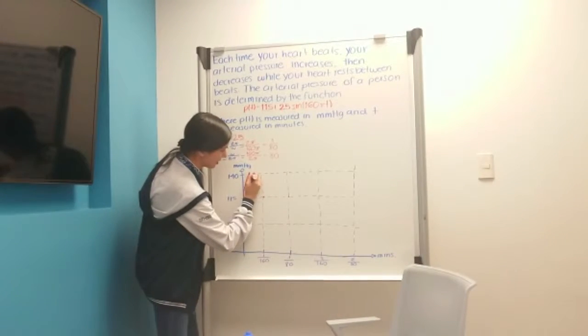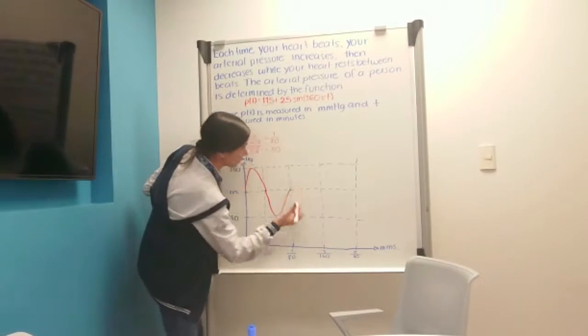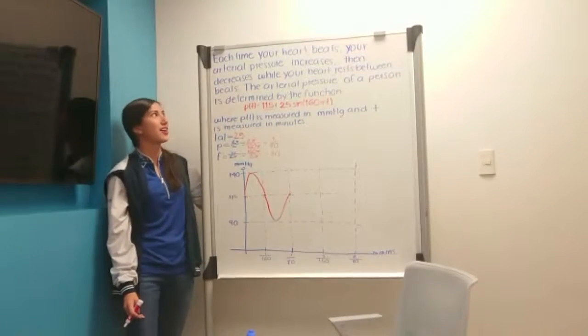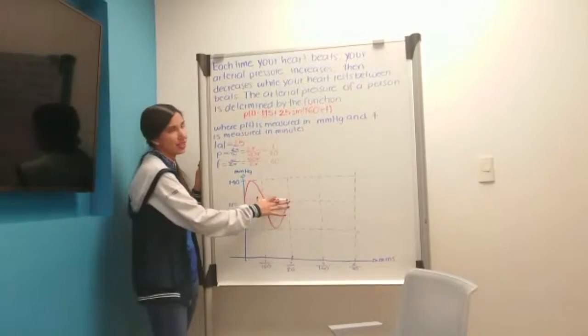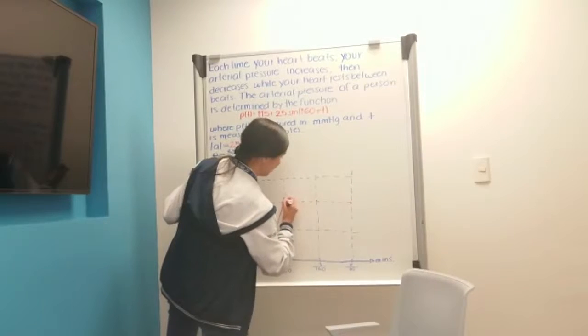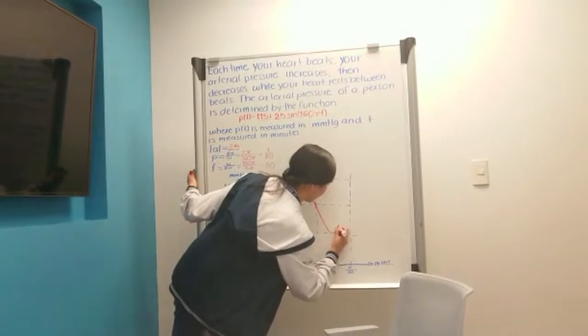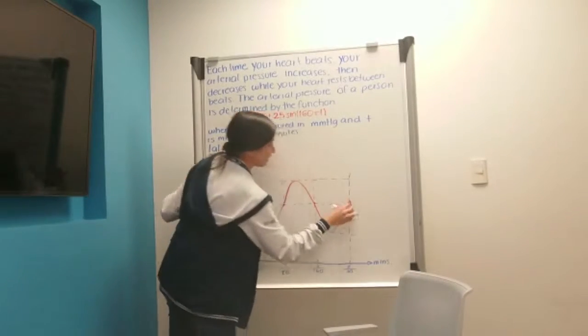So it goes up, then down, like this. And as it indicates a heartbeat, it cannot only end here, so it continues the graph. We mark again, and we indicate it continues.